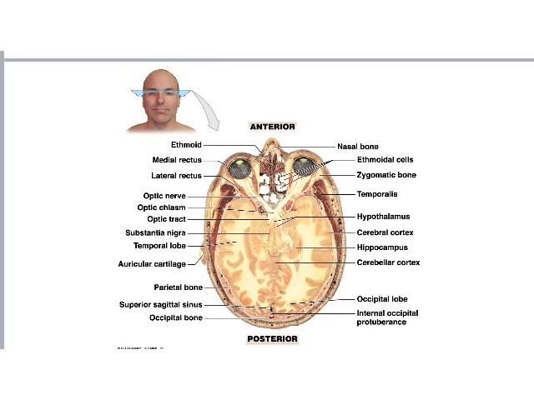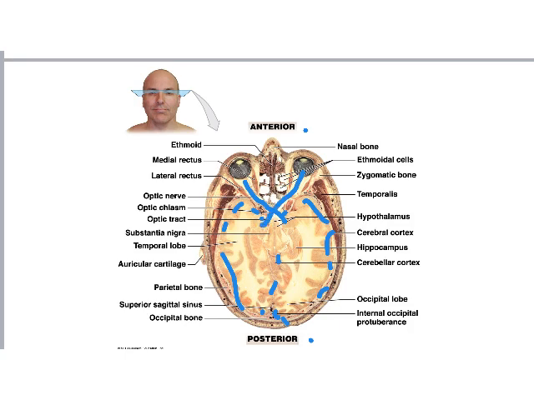So if we did a transverse section of the head, for example, and this is anterior here and posterior here, you can see obviously the brain inside, and you'll learn several parts of that brain in one of the next units. You can see the optic nerves coming and crisscrossing.